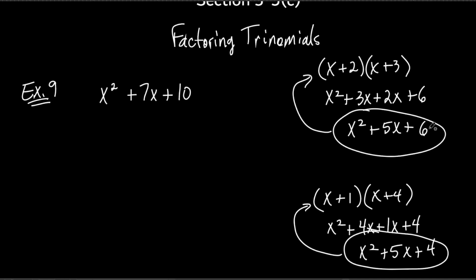Let's just look at the 6 and the 5. Is there a relationship between the 6 and the 5? Well, if I took 2 and 3 and multiplied it together, I would get 6, wouldn't I? Do you see that? So 2 times 3 is 6. And if I take those same two numbers, 2 plus 3, I get what? 5.